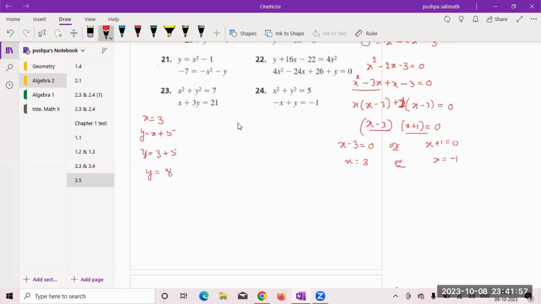Right? When x is equal to negative 1, then what I'm having? y is equal to negative 1 plus 5, that is y is equal to 4. So here when x is equal to 3, I'm getting y is equal to 8, or when x is equal to negative 1, I'm getting y is equal to 4. These are the two coordinates.